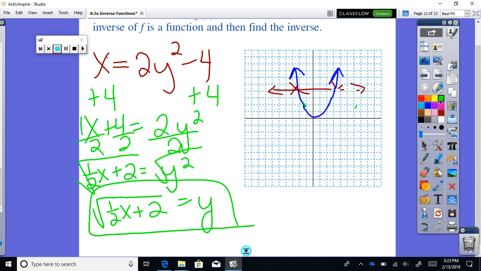The inverse will look something like this. It has to be x's on the positive. If you have any x's on the negative, you would have to get rid of those to make sure that it's a function. So for the inverse to be a function, you can only have one side of the whole thing. Otherwise, it's not a function.